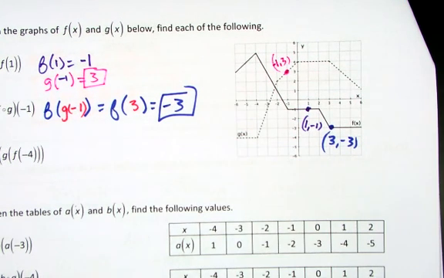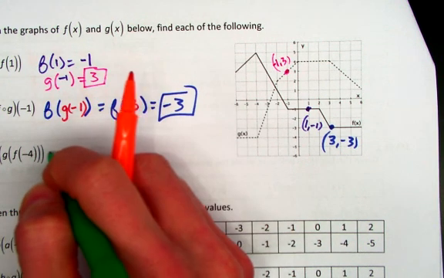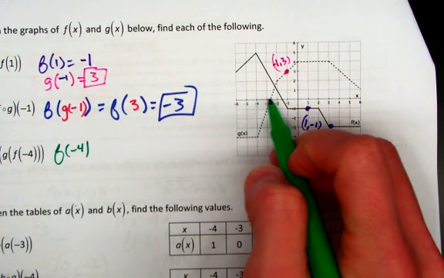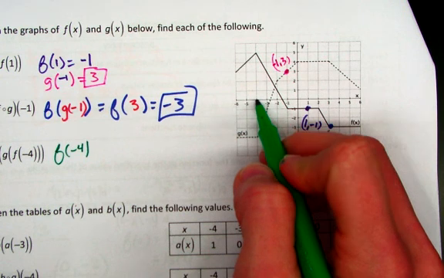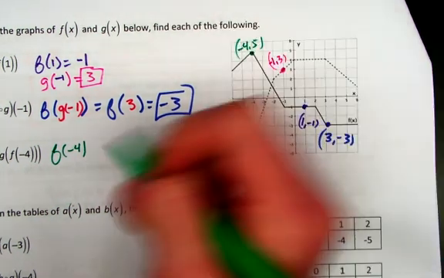And then the last one, this is a little bit of a doozy. Let's find f of negative 4 first. F is the solid one, so that's up here. So negative 4, 5.